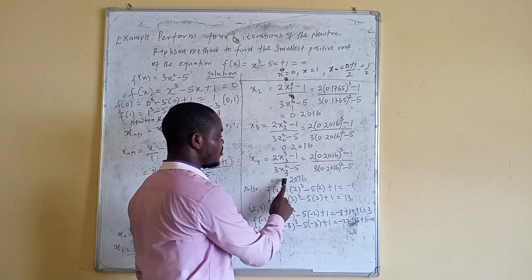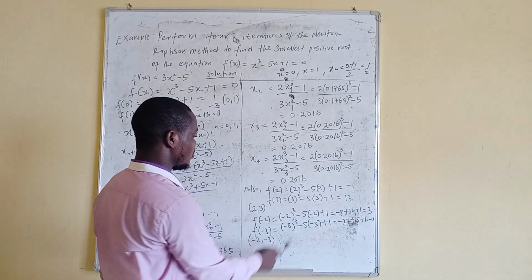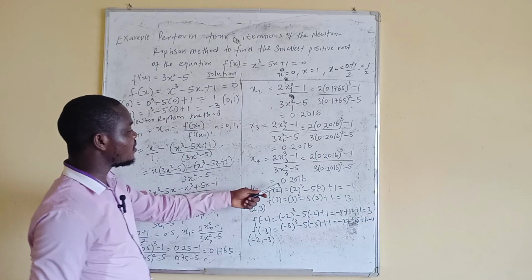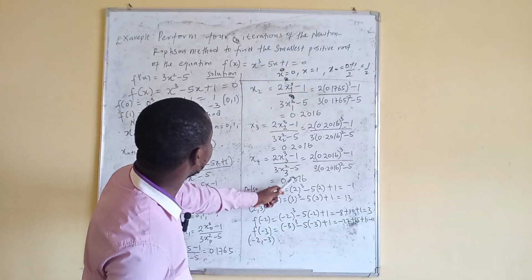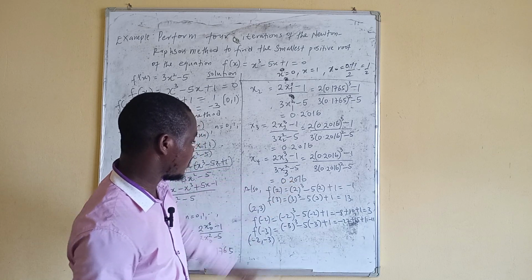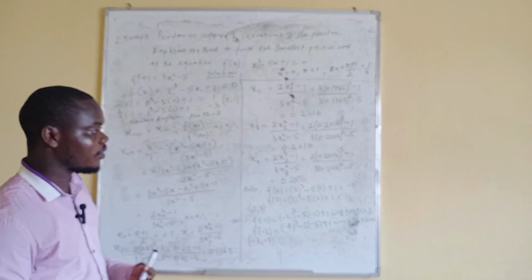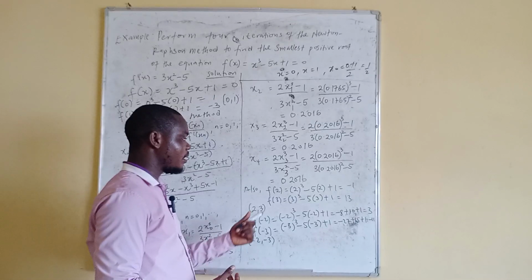The result will be the same as before, since they are the same. So you have 0.2016. That's our fourth iteration. That means that the root of this equation is 0.2016.